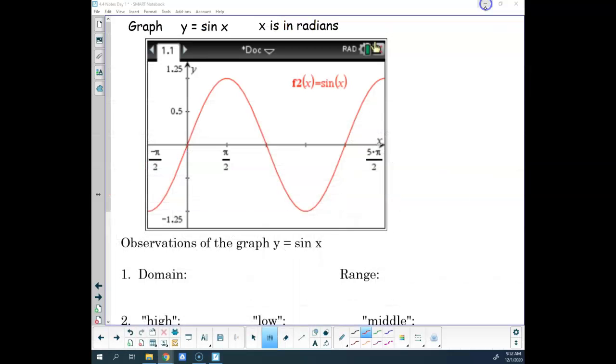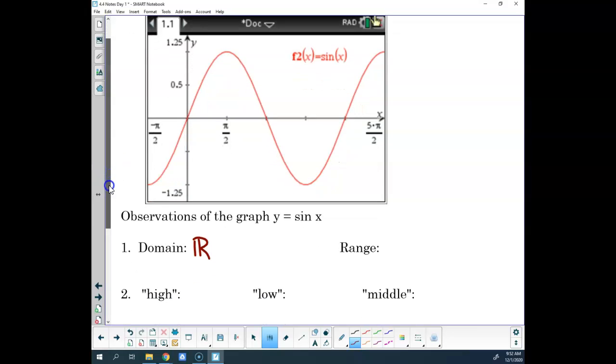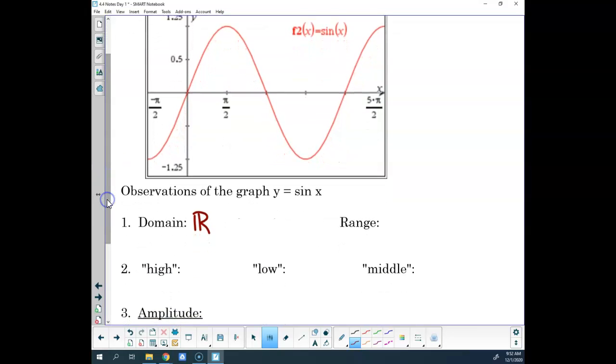So, some observations that we have based off of that. If you're dealing with a sine or a cosine function, the domain is always going to be all real numbers. In your notes.